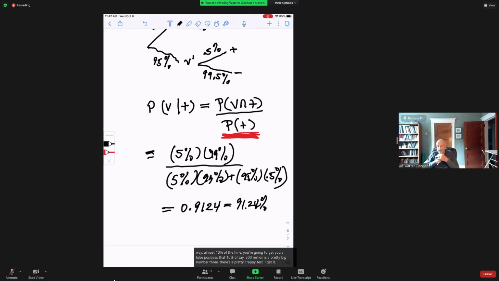I made up the numbers here. If this were a real life problem like a pandemic, and you wanted these nose tests that you take for COVID to be somewhat accurate, you'd like this probability to be like 99.9%. Otherwise, you're calling people back. 10% of the people are being called back with these false positives who have to be retested.